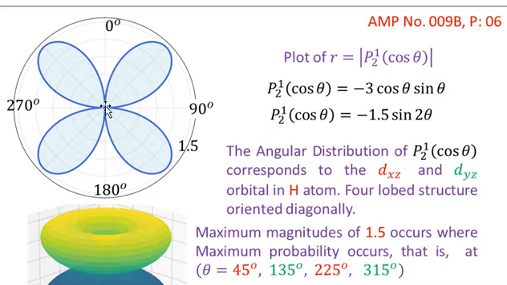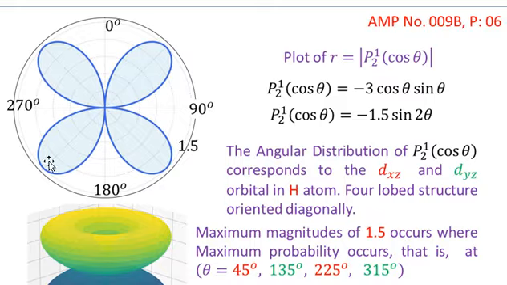And the z-axis is from the center to 0 degree. So the vertical direction is the z direction, and both 90 degree and 270 degree represent the x direction and the y direction. So the 90 degree to 270 degree line is actually the equator plane containing both the x-axis and y-axis.